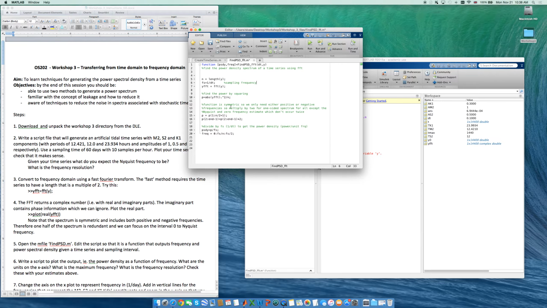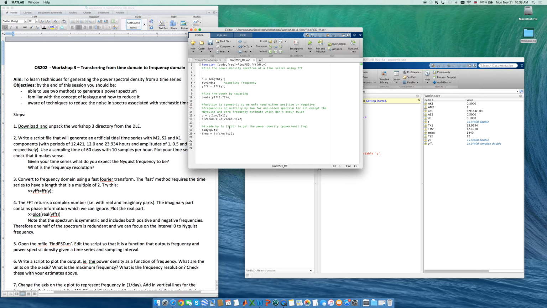So we find the power by squaring the amplitude here. We take the absolute value because we don't want the complex components. So taking the magnitude, squaring it, and then normalizing it by the length of the time series, divided by n. Then, because the function is symmetric, we'll need half of the length of YFFT, and we need to multiply it by 2.